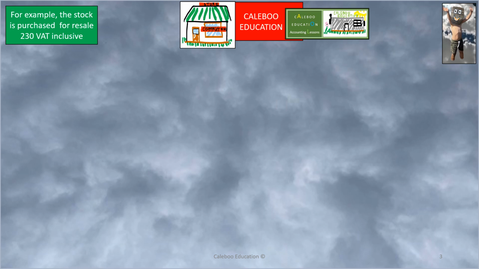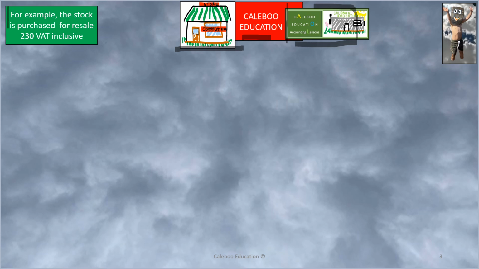Okay, let's put all the pieces of the puzzle together. I've got here in front of me, remember we Calibu Education, that's our logo, and we're going to buy some stock from the computer store and we're going to sell it to a client of ours.